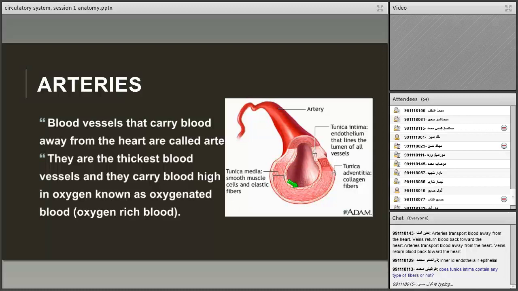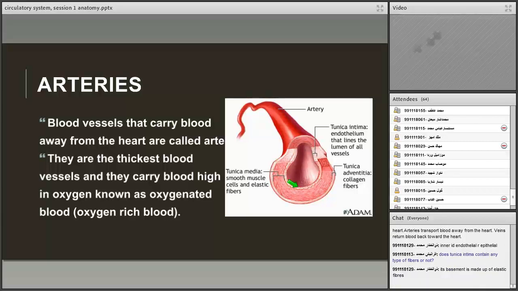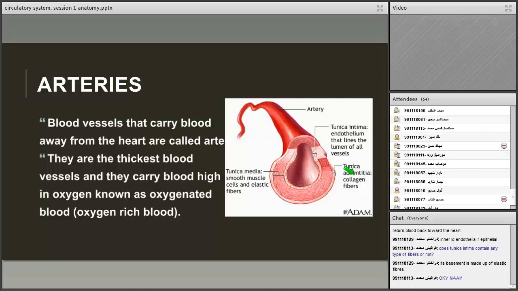It is just needed to know that the inner layer of the arteries, the tunica intima, has the endothelial cells. But the elastic fibers are in the tunica media, and the collagen fibers are in the tunica adventitia.